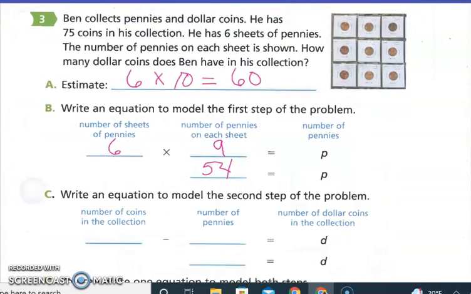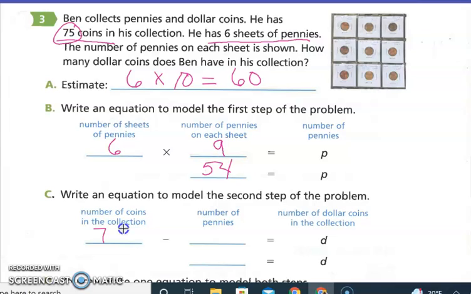Now, write an equation to model the second step. How many dollar coins does Ben have in his collection? Remember he had 75 coins? He has 6 sheets of pennies? So we figured out that 6 sheets of pennies is 54 coins, but how many coins does he have in his collection? 75.